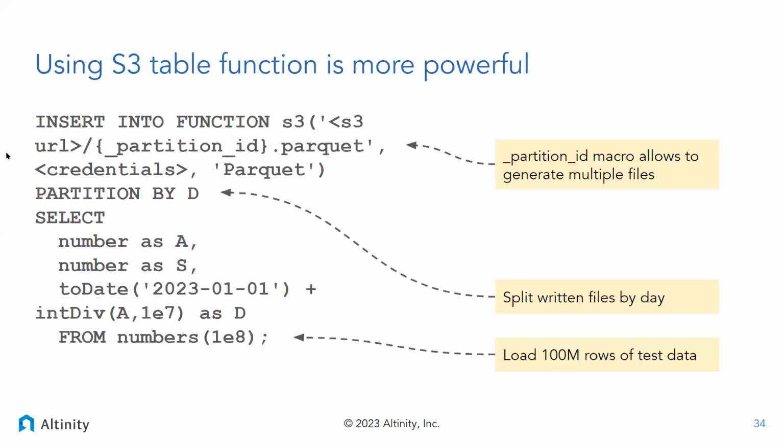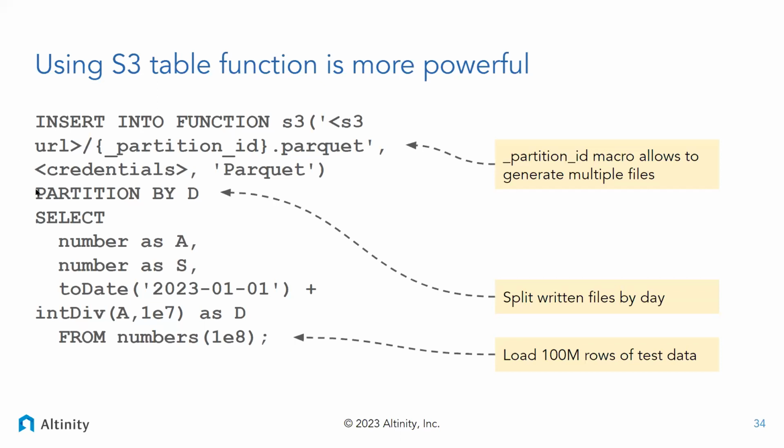So I mentioned that the S3 table function is more powerful. Here's an example. What it can do is insert, particularly for writing data, it handles partition data very well. So for example, this particular example will break the data up into separate files, so that you don't have just one humongous file, but you'll break them up by the partition ID.